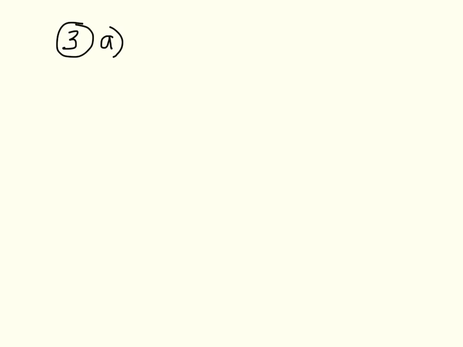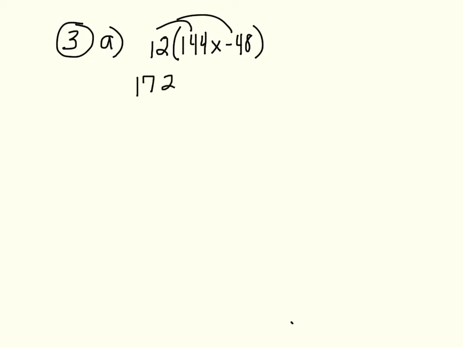On page 339, practice A, problem 3A, it says to multiply our two functions together. So we have a function 144x minus 48, and we have to multiply that by g of x, which is 12. So distribute the 12, and we get 12 times 144, which is 1,728x, minus 576.